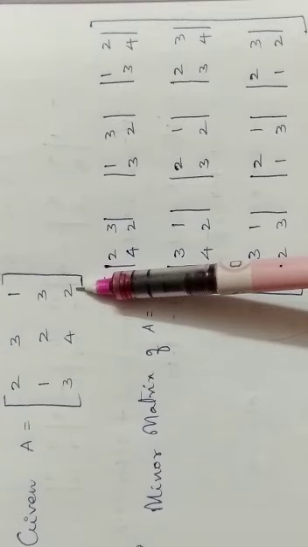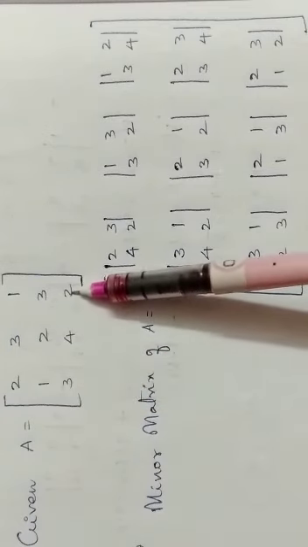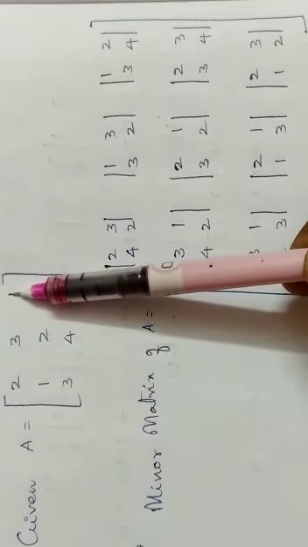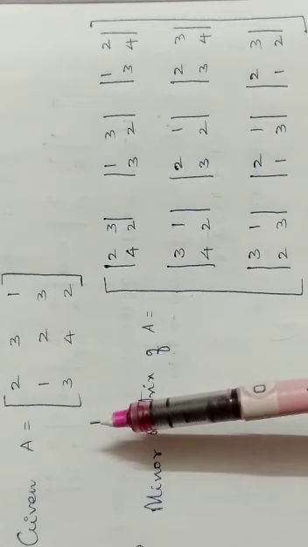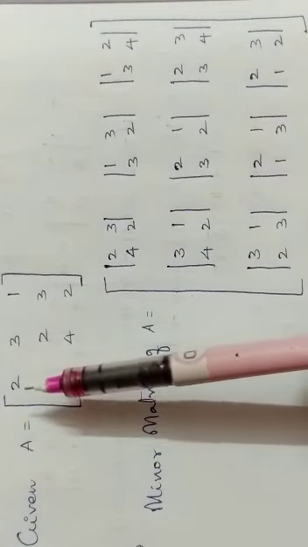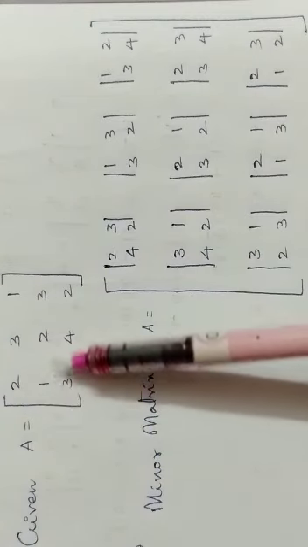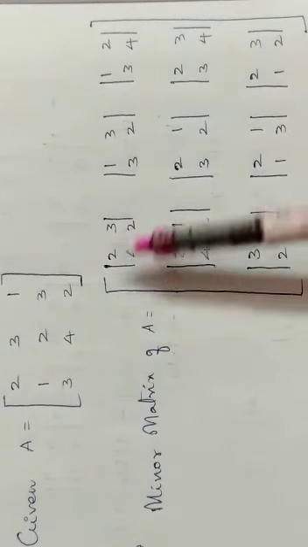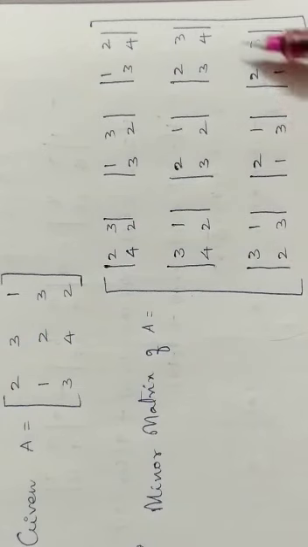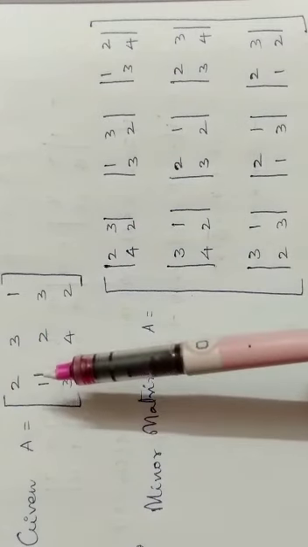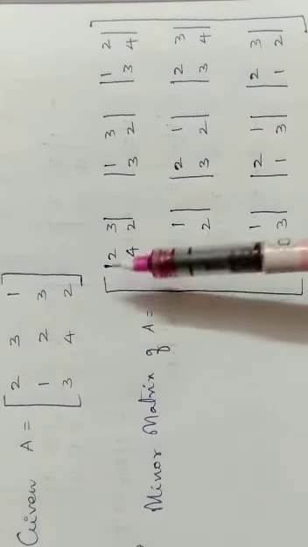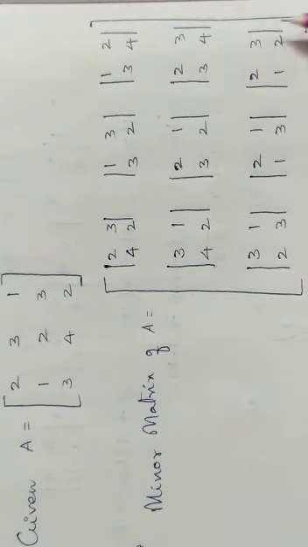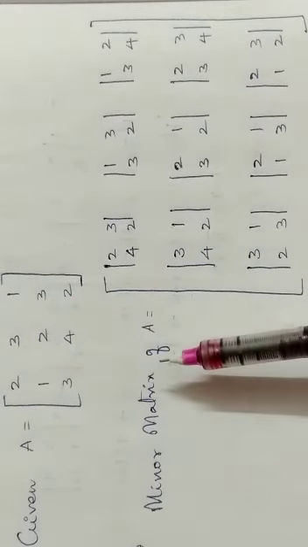Minor of 2. Remove the row and column. The 4 elements remaining are 2, 3, 1, 2. Like this, we write the minor of each element in a matrix, which is called the minor matrix.